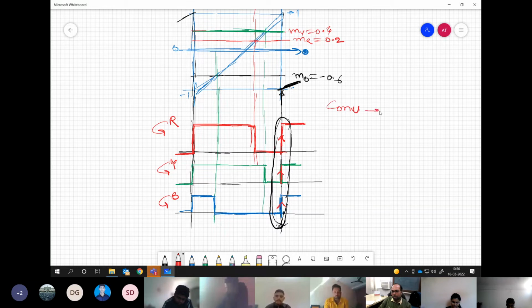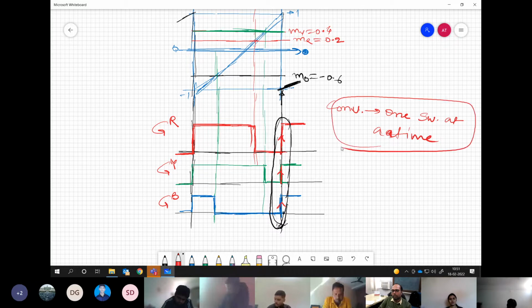The best scenario is to have one switching at a time. If you see, in between, first B is switching, then R, and then Y. But the problem is that at the end and beginning of this cycle, all three are switching together.